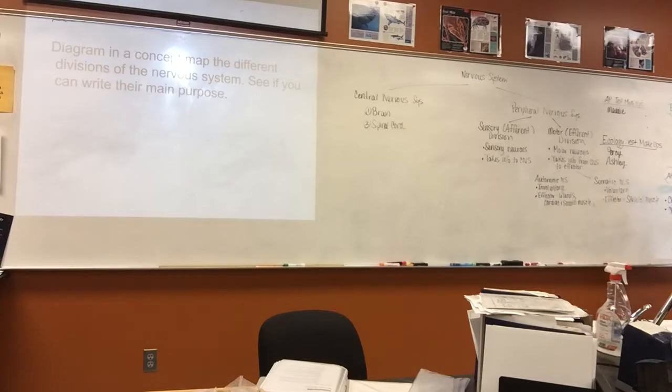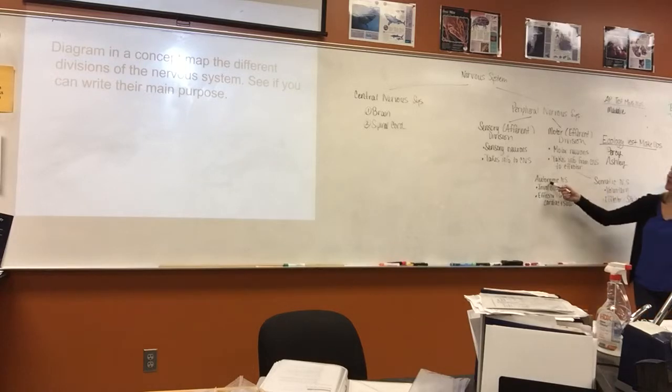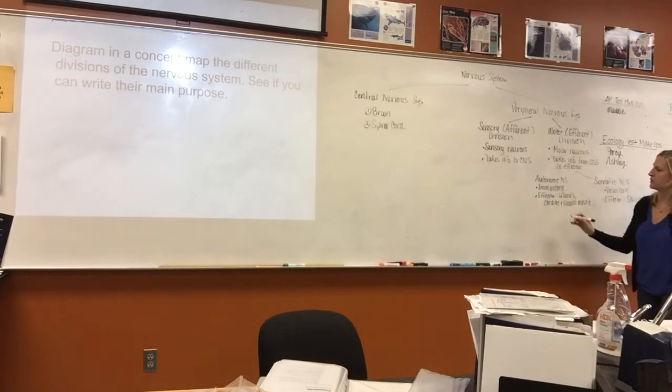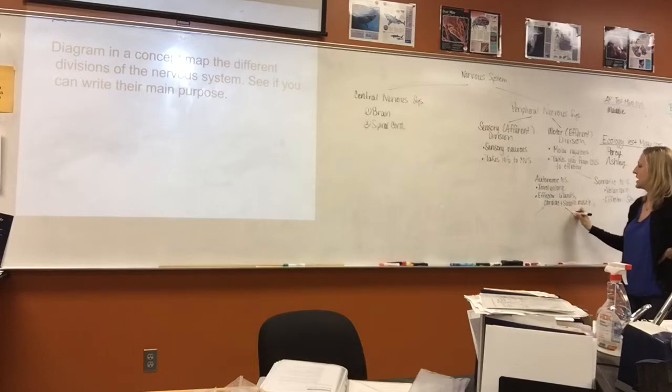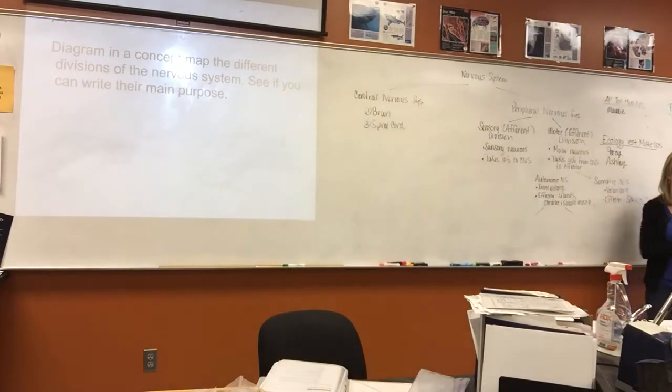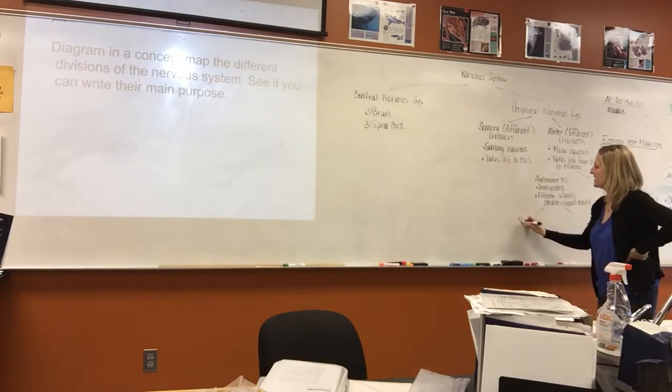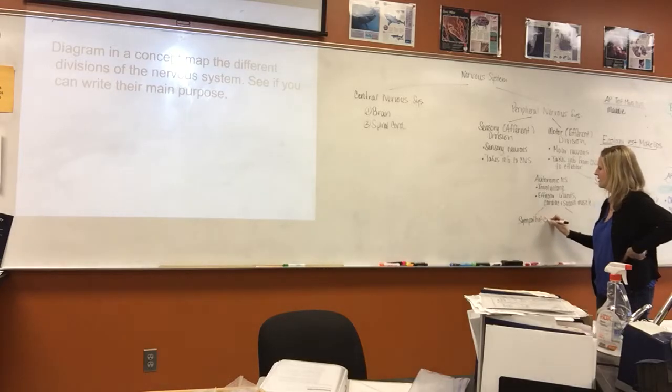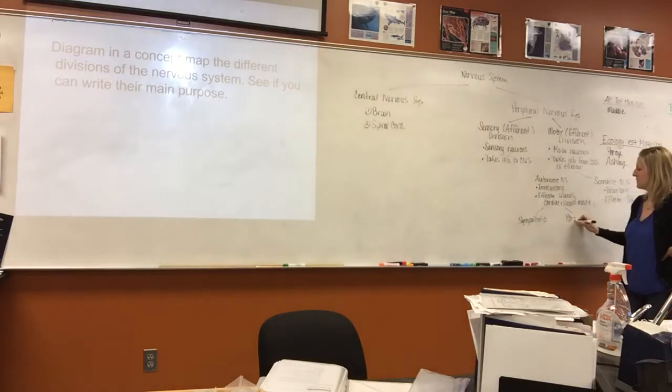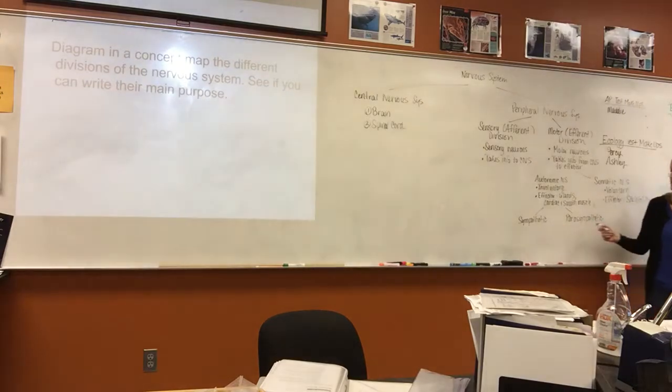Then the last thing we have to do is look at the involuntary or autonomic nervous system, which we can subcategorize into two. Sympathetic and parasympathetic. So one of these is involved with using energy.